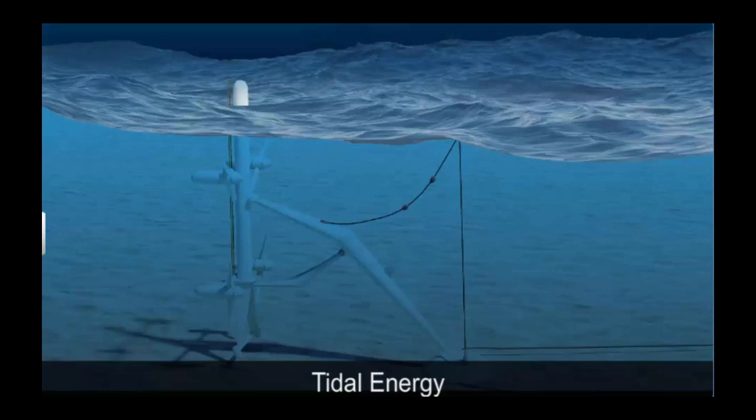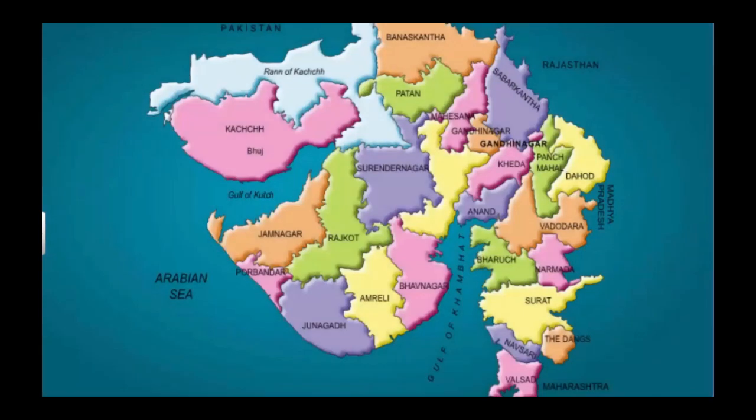In both cases, the flowing water is used to produce electricity. The National Hydropower Corporation has set up a 900 megawatt tidal energy plant in the Gulf of Kutch that provides excellent conditions for harnessing tidal energy.